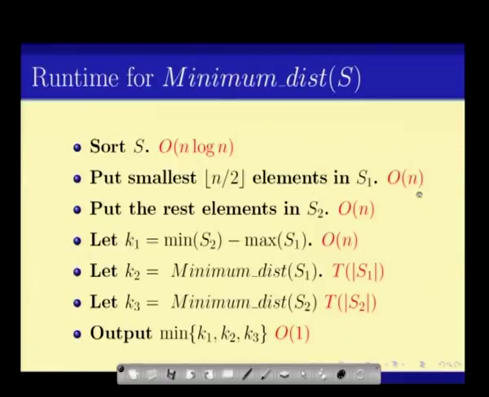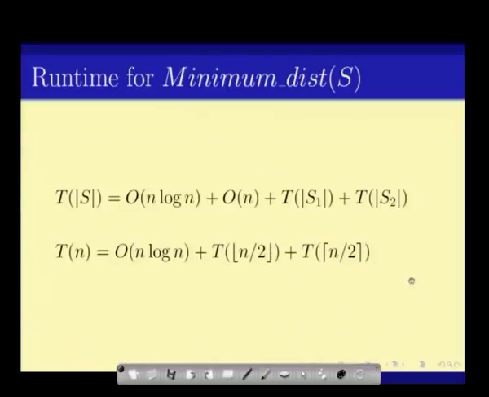So, in other words, we have order n, order n, order n, order n log n, T of S1, T of S2, and order 1. So we have T of S is order n log n plus order 1 plus T of S1 plus T of S2, since the size of S1 is n over 2 floor and the size of S2 is n over 2 ceiling.